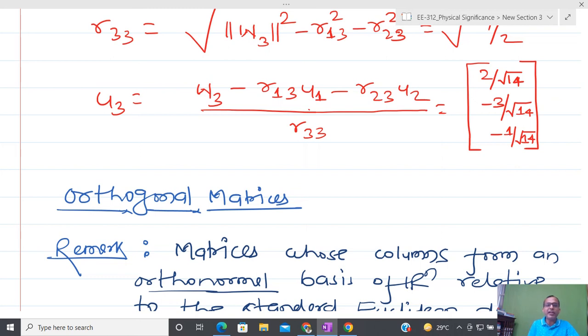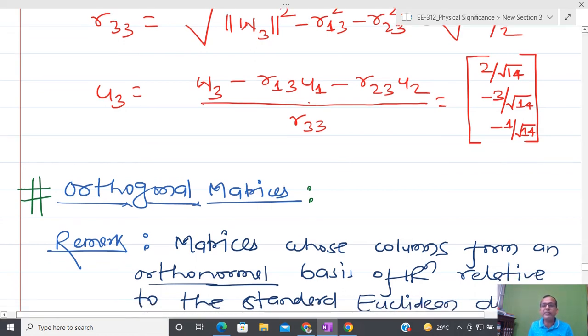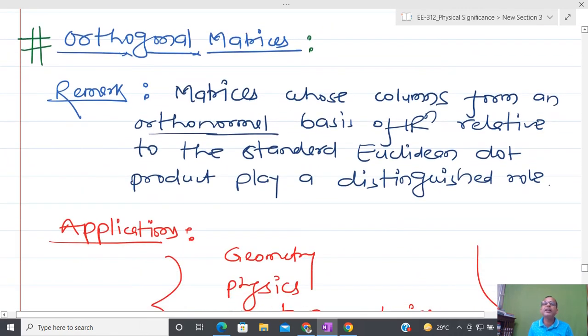I have already told you that whenever we talk about vector space, elements may be matrices. So obviously we have to define a concept like orthogonality in the case of matrices too. We are trying to see what the meaning of an orthogonal matrix is in a space where elements are matrices.